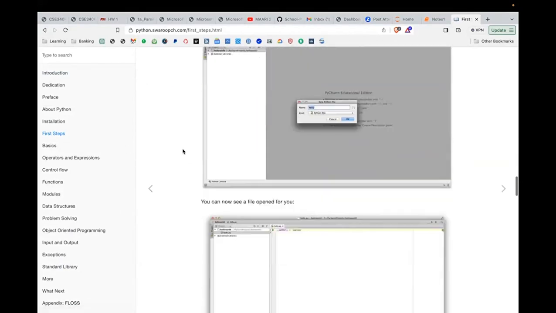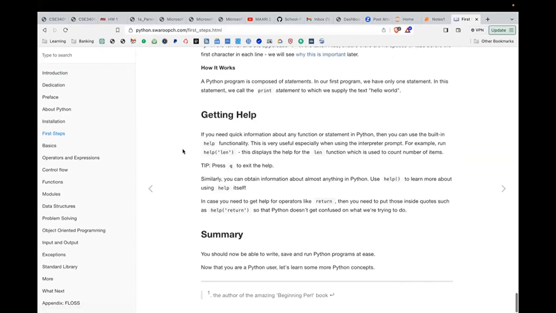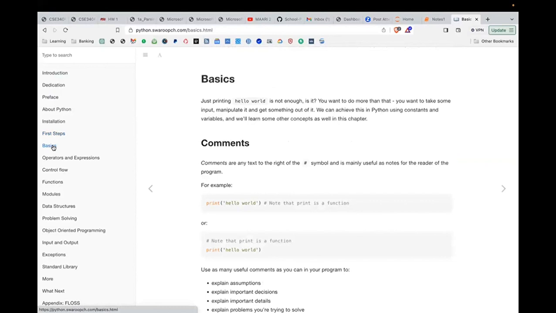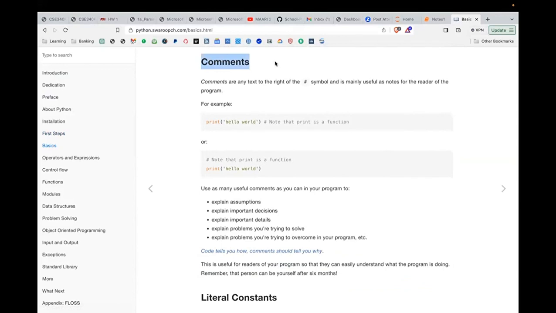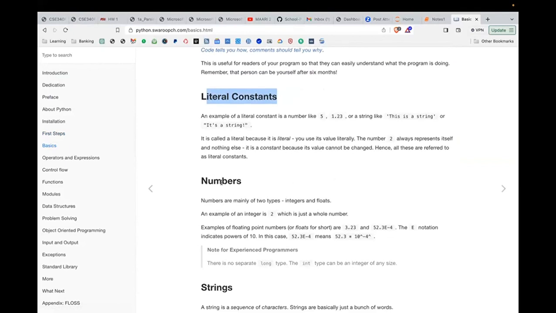We will start PyCharm again when I discuss the assignment. So the very first thing is our basics, which we have already covered. I am just going through the book. Comments, I already told you: single line comment, multi-line comments. Constants: numbers can be integers or decimal points.